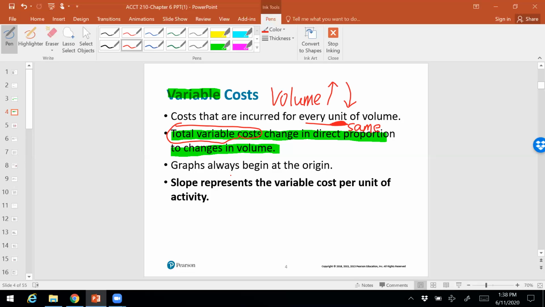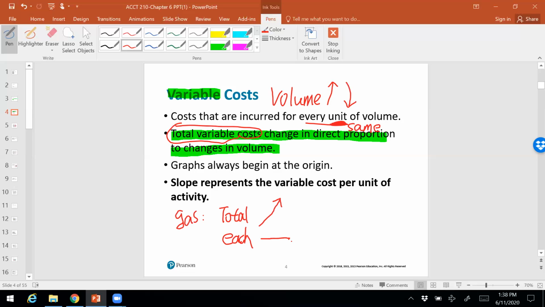I'll give you a very easy example, let's say, the gas, right? For the total gas, the more miles you drive, the more gas you have to put. But for each unit, the first unit you put is $2 per gallon, second unit is still $2 per gallon, third unit is still $2 per gallon.